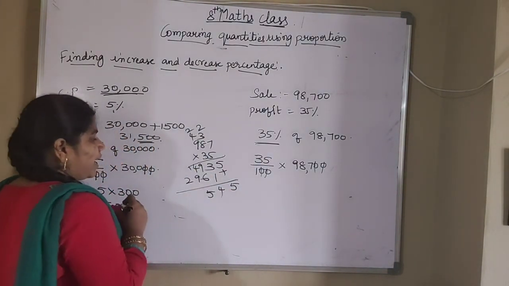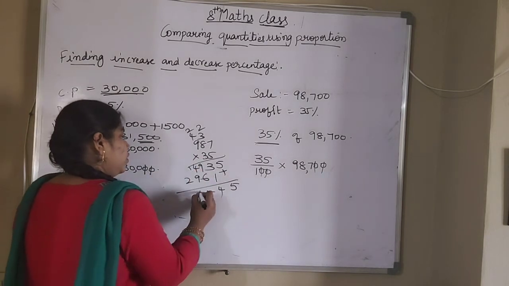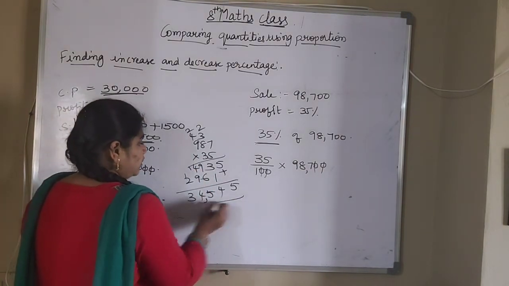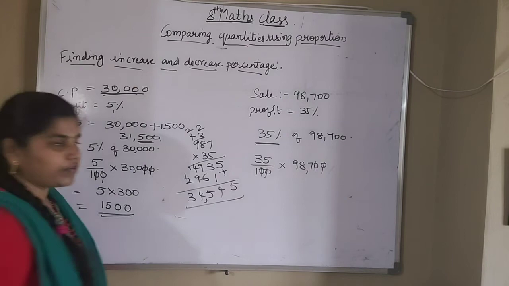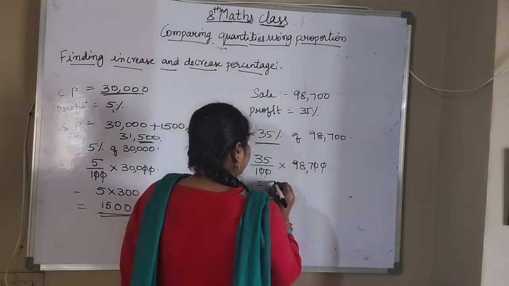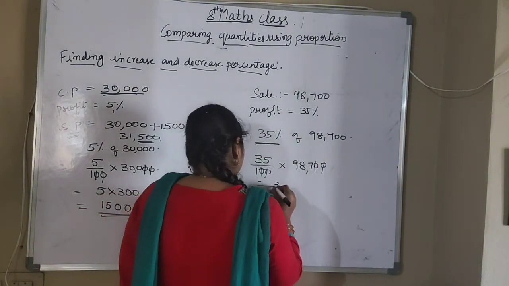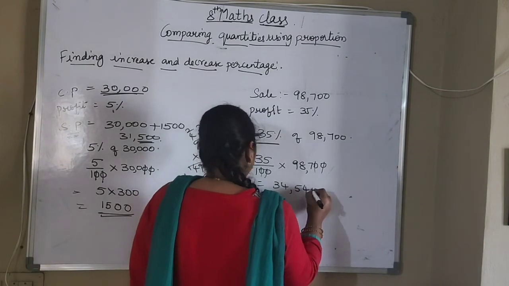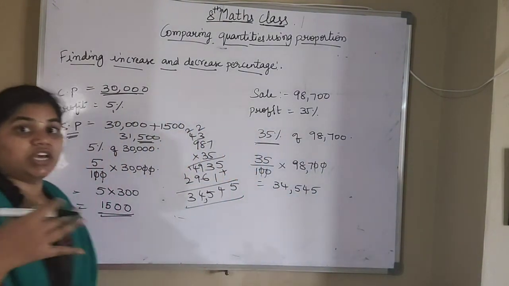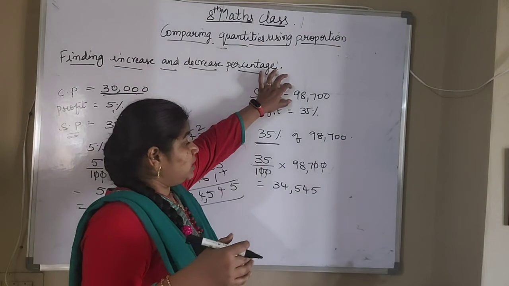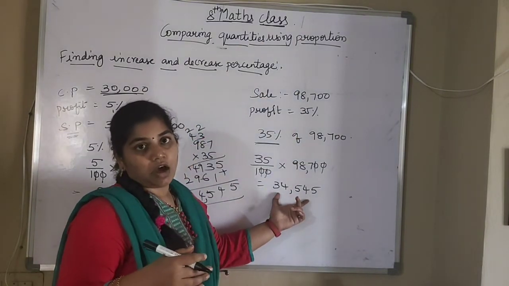So you got it as 34,545. So what is the 35% of this value? That is 34,545. So next year with this he wants more money. How much more money does he want?